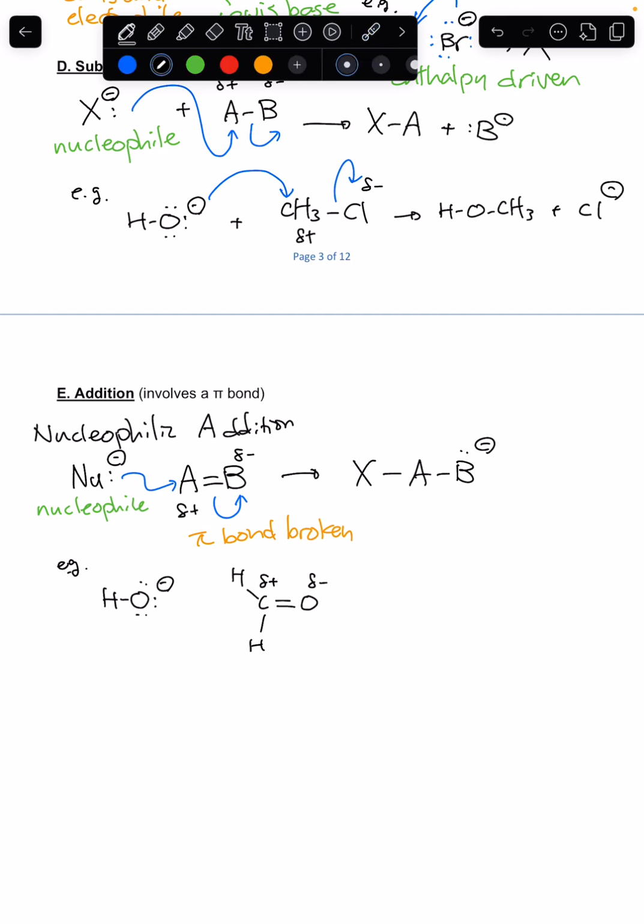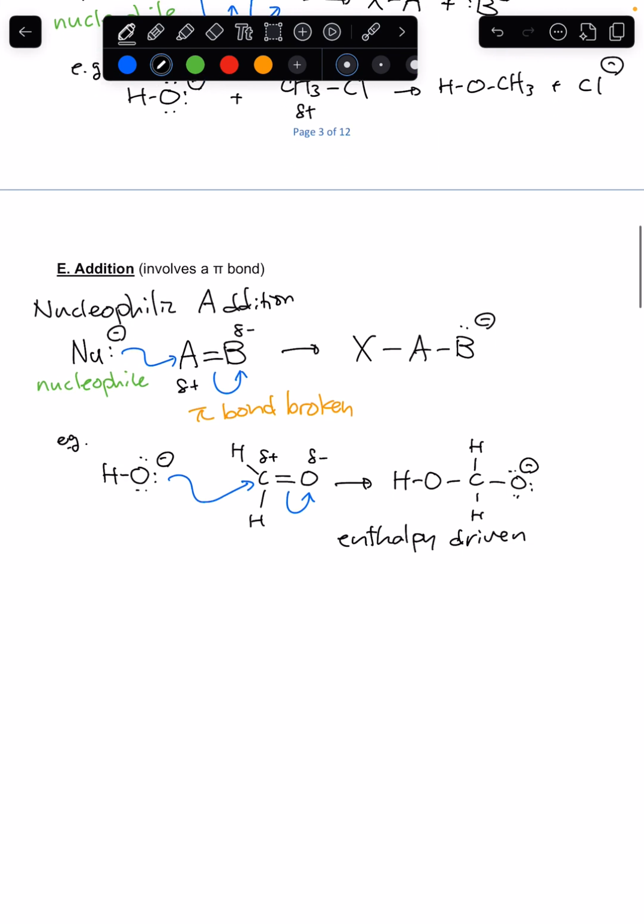So then carbon is electrophilic, that can be attacked or added to by a nucleophilic hydroxide, and the pi bond breaks. And the end result will be this structure here, and this of course would be an enthalpy driven reaction.